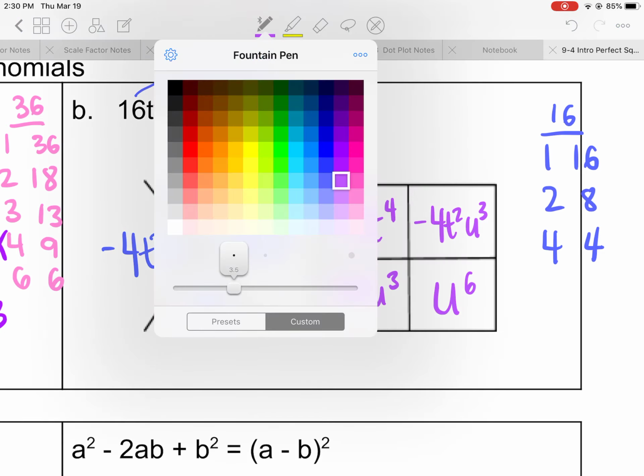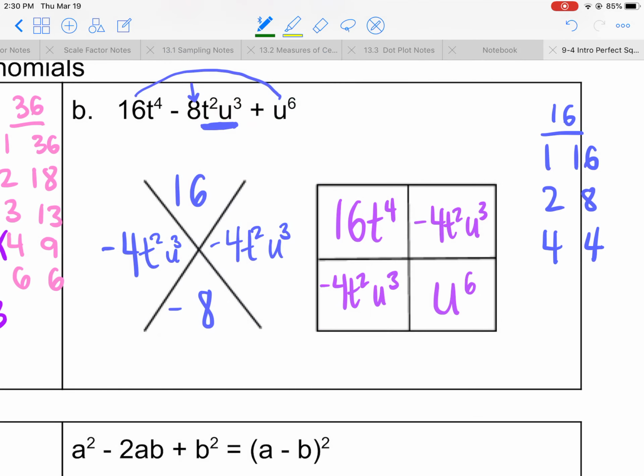Now the GCF is a little bit different here because you do have multiple variables. So here I can pull out a 4, and I can also pull out t squared. Notice the u is not in the first term, so I can't pull it out. So I move on here. There is a 1 on my u, so I can't pull out a 4, but I can pull out a u to the 3rd.